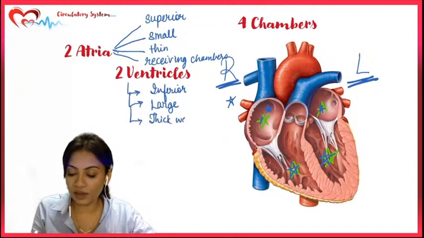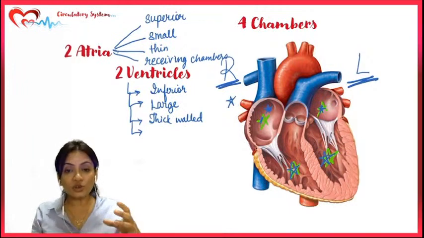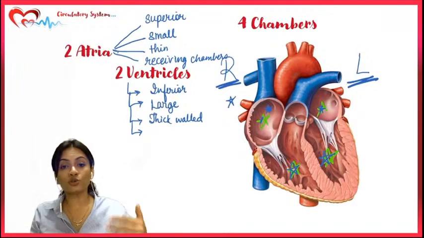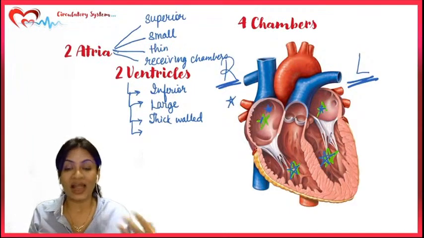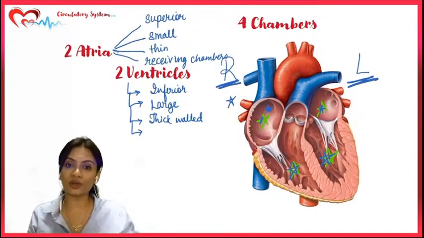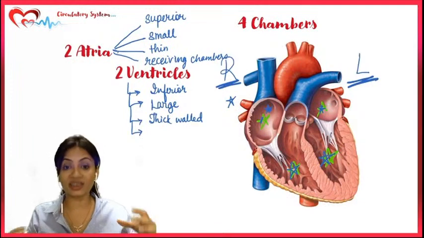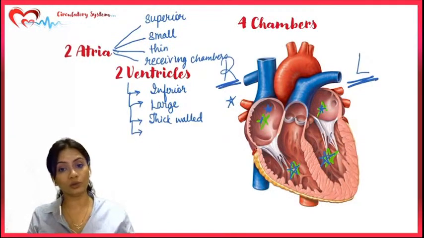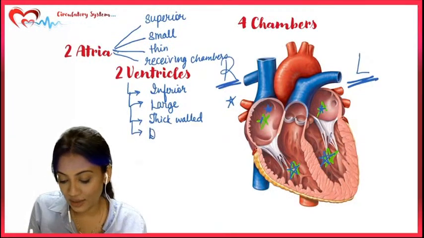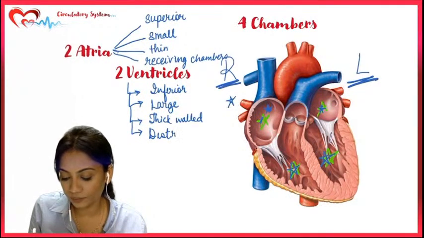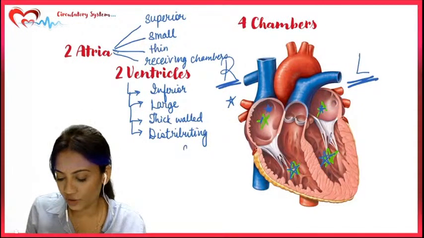These are chambers which are going to be distributing blood to different parts of the body, either towards the lungs or towards the whole body itself. So these are not receiving chambers, these are chambers which allow blood to go out. So may I call these distributing chambers? These are distributing chambers.